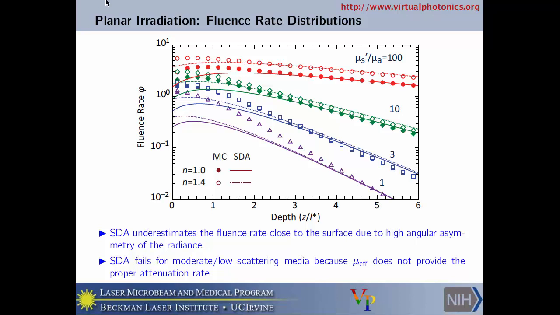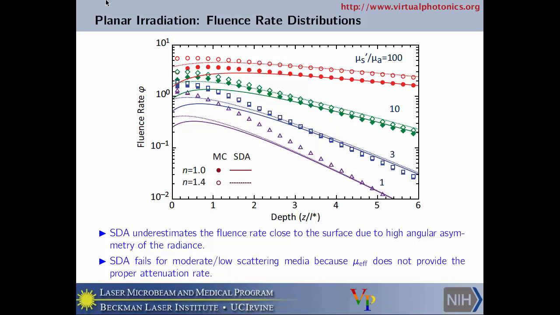Okay, that starts to degrade as you get to more highly absorbing cases, because in the limit of high absorption, so say the case where you have no scattering, your decay should go as mu sub a, just the absorption coefficient. But the decay of the standard diffusion approximation goes as mu effective, and mu effective, let me just write out that equation.